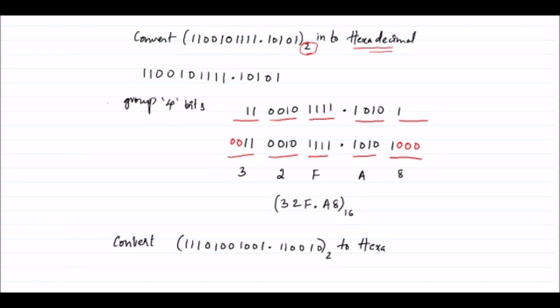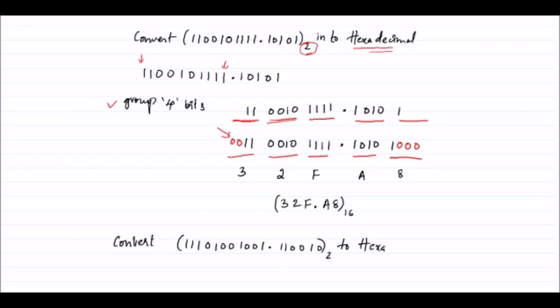First of all we need to write the entire binary number and group 4 digits from LSB to MSB. As you can see, I have grouped 4 bits, and this has 4 bits, and in the last one we have only 2 bits. So I have replaced it by 00, and on the left-hand side also.